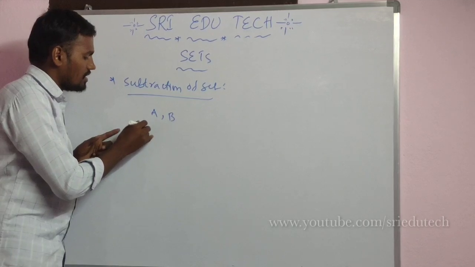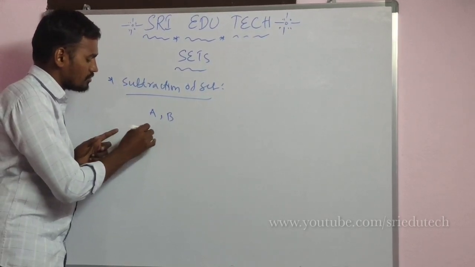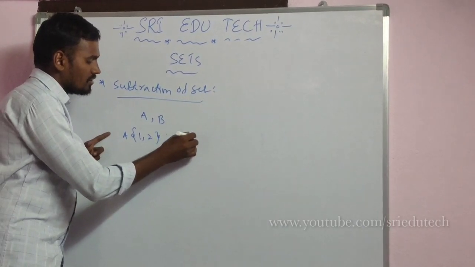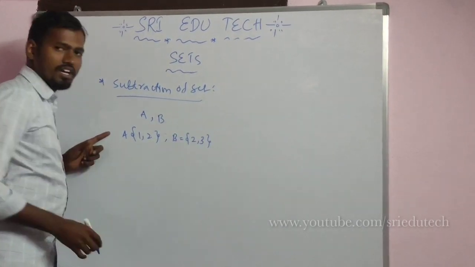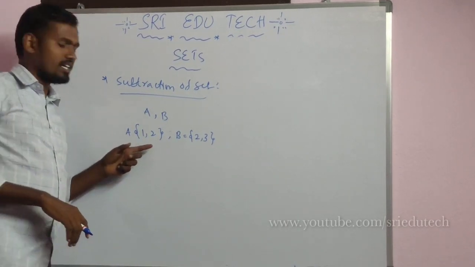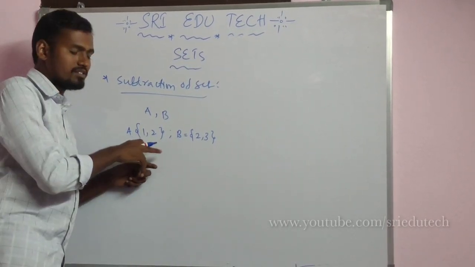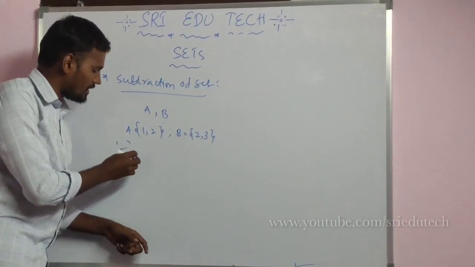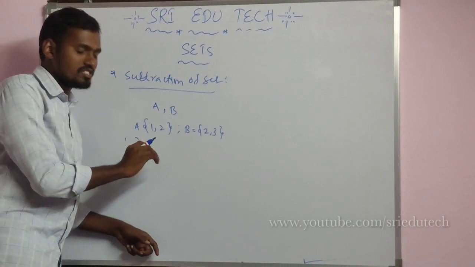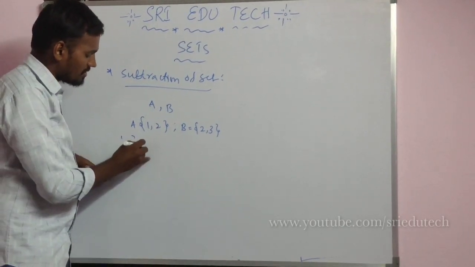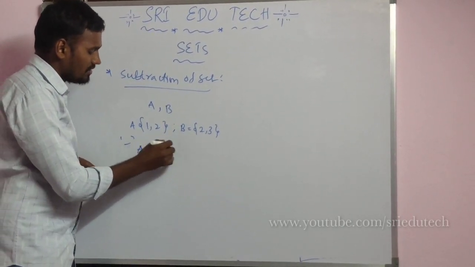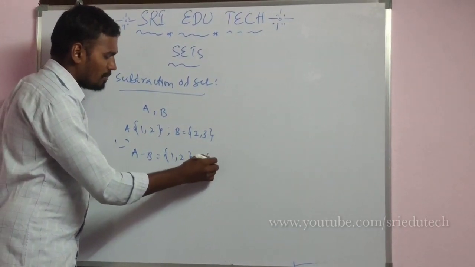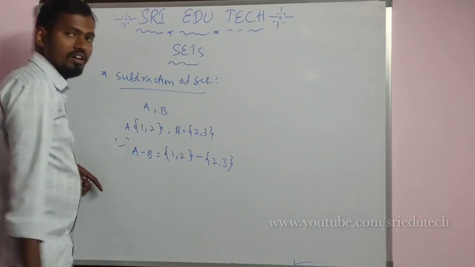Let's take A equals 1, 2, and B equals 2, 3. Most people get confused here, so don't confuse, it is simple. Subtraction means minus. Subtraction of sets means A minus B. A means 1, 2 minus B means 2, 3.